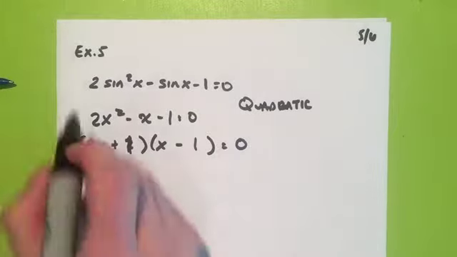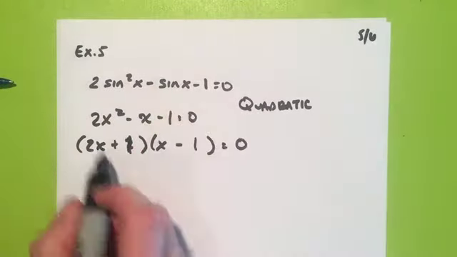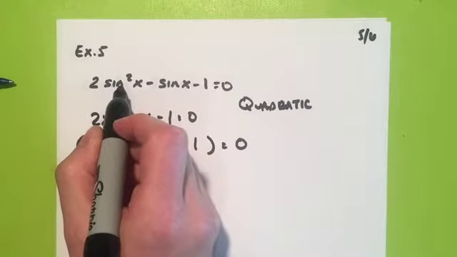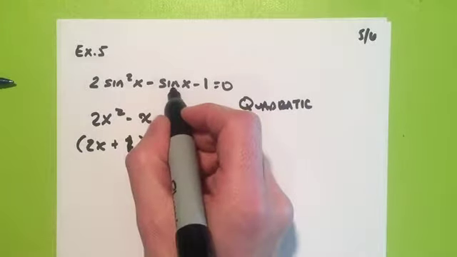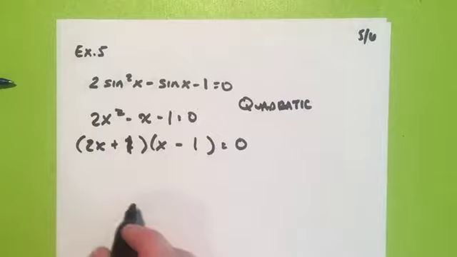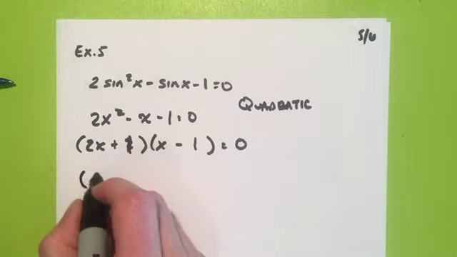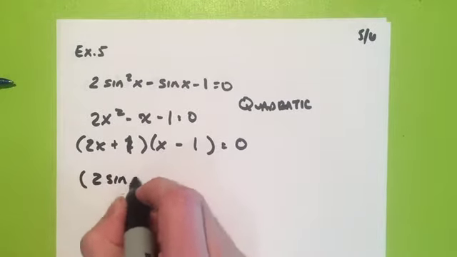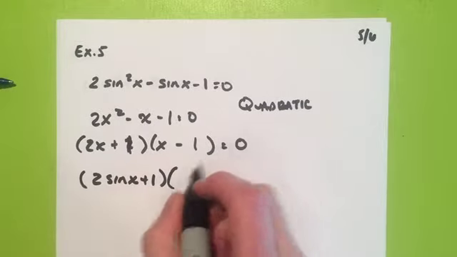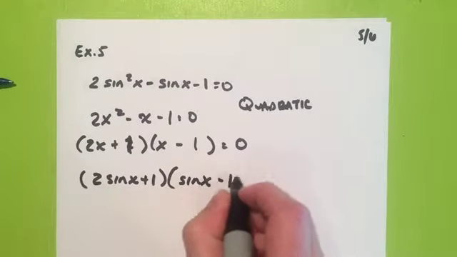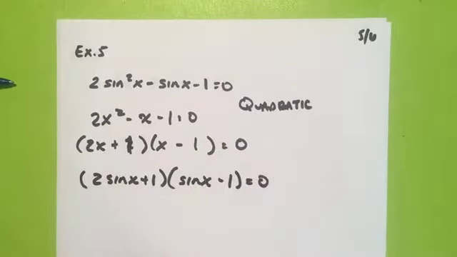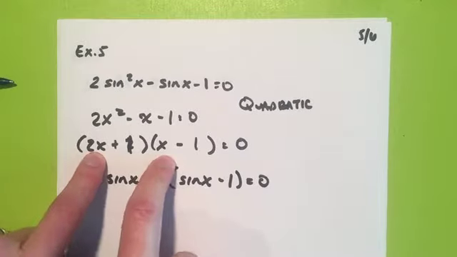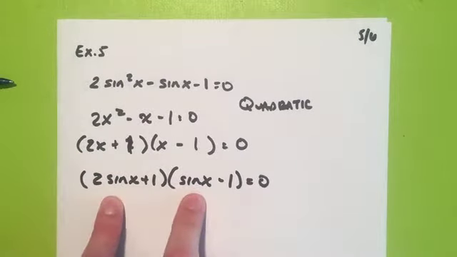Going back, 2 sine squared minus sine x, well, we need two things that multiply to 2 sine squared of x, and we need things that multiply to negative 1. It works exactly the same, so now I can substitute: (2 sine x + 1)(sine x - 1) equals 0. Rather than just being x, I've got sine of x and sine of x.